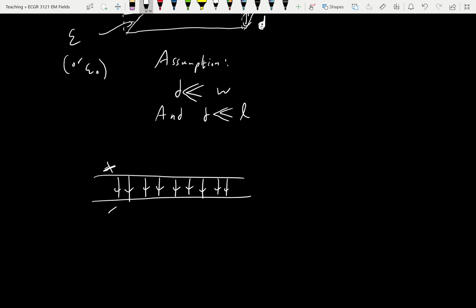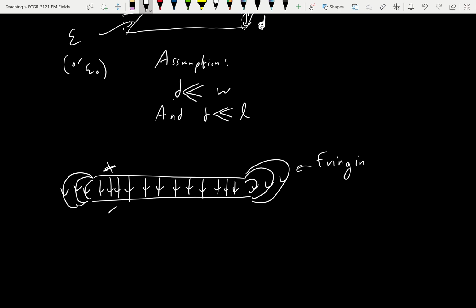Why is it an approximation? Because once we get closer to the edges, we get a phenomenon called fringing, where the fields start looking like this. So this is called fringing. It's kind of like when you have two pieces of bread with jam in between, and the jam fringes out from the sides.